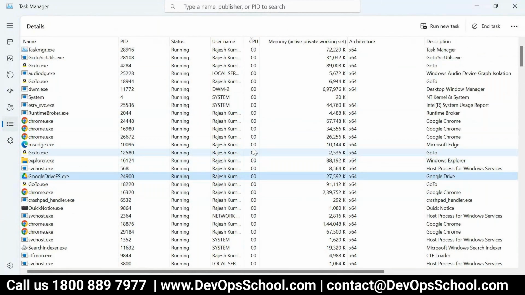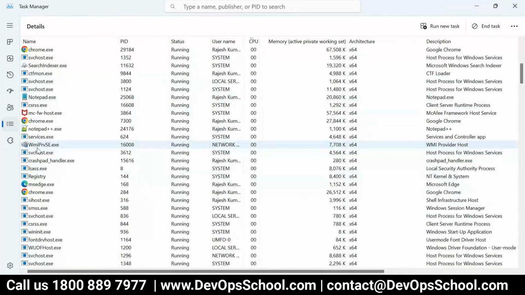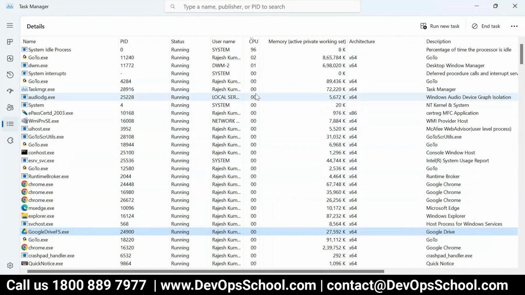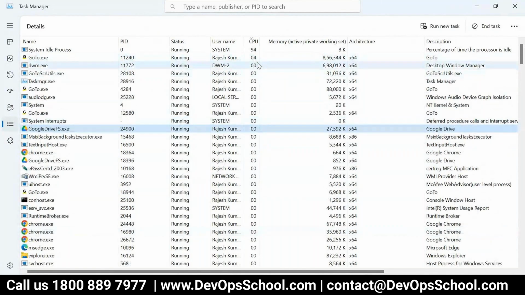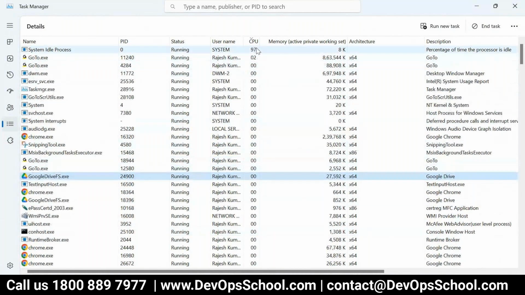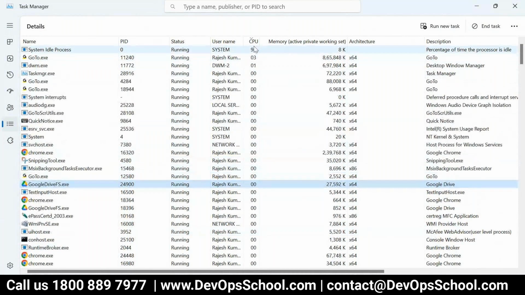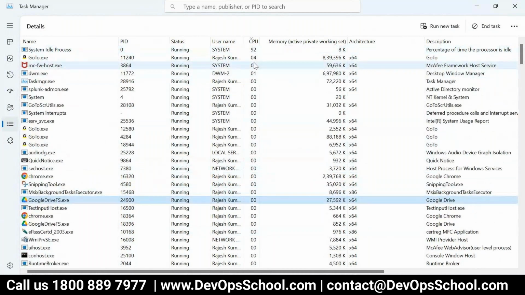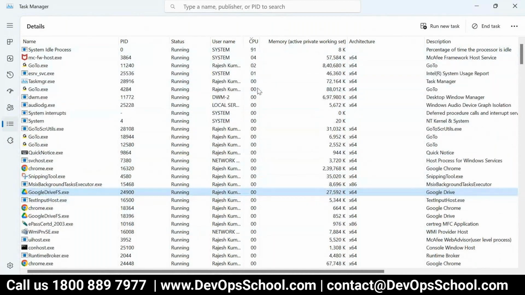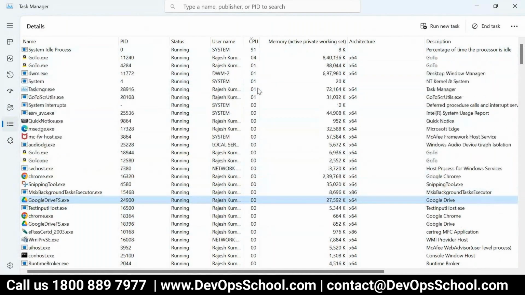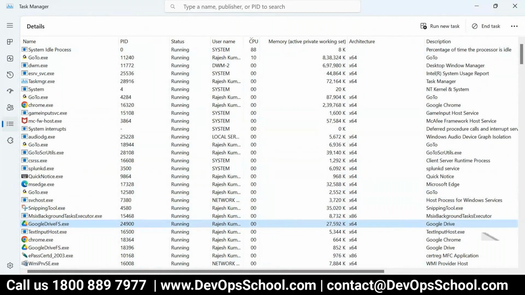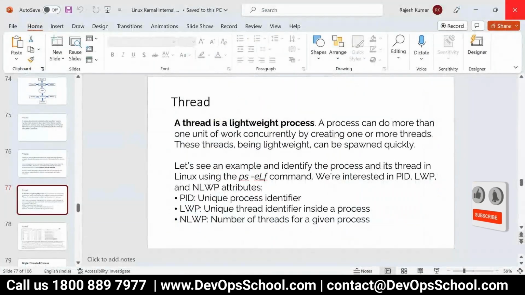My Chrome is also running, but it's not using the CPU. We think it's running, but it's not, because it's not demanding the CPU. Only things demanding the CPU will be running at the time. So multiple processes have to run at a time, but the CPU can be given to only one at a time. This is called process switching, or context switching. So that is a problem.